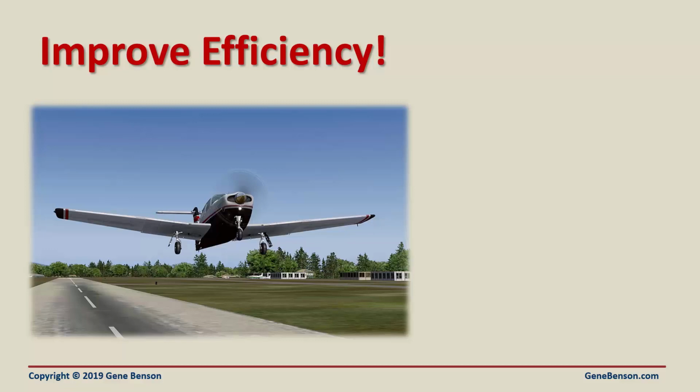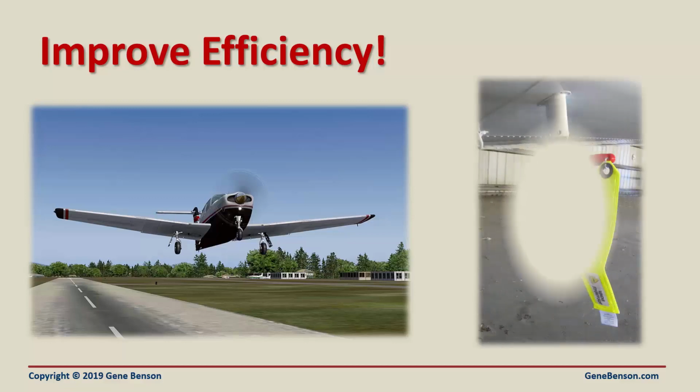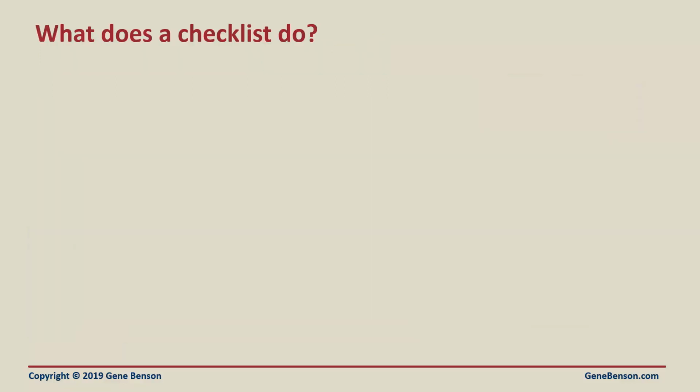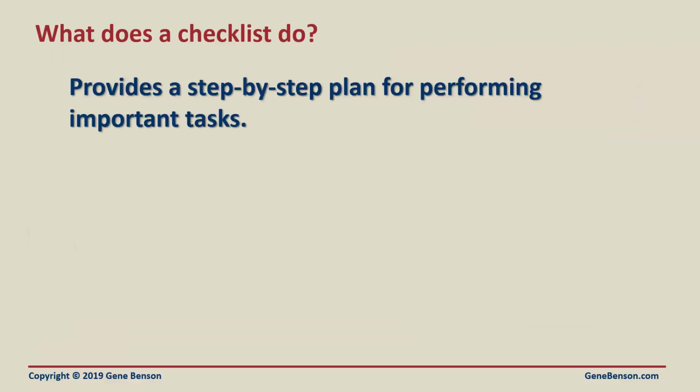And there have been flights in which the pilot took off and noticed on climb out that the airspeed indicator wasn't working. A return to the airport was made, and the culprit was found to be the pitot tube cover still in place. A pre-flight checklist would have saved a considerable amount of time and fuel. So what does a checklist do? It provides a step-by-step plan for performing important tasks.